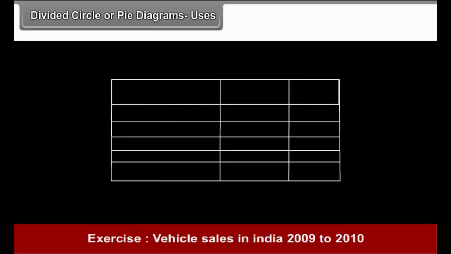Exercise 4. Vehicle sale in India 2009 to 2010. Types of vehicles, number of vehicles, degree. Passenger vehicles 1 crore 94 lakh 9,776, degree 57 degrees.